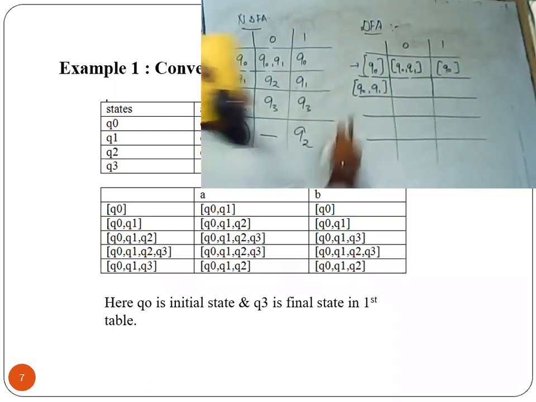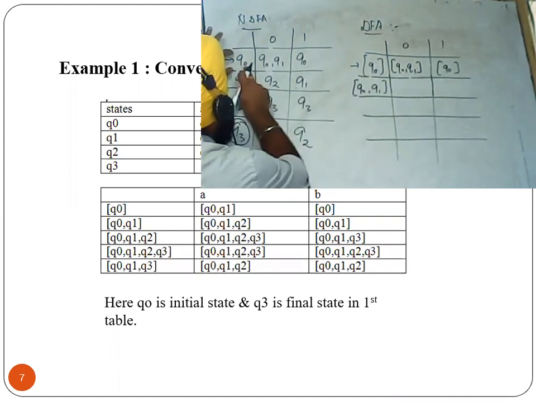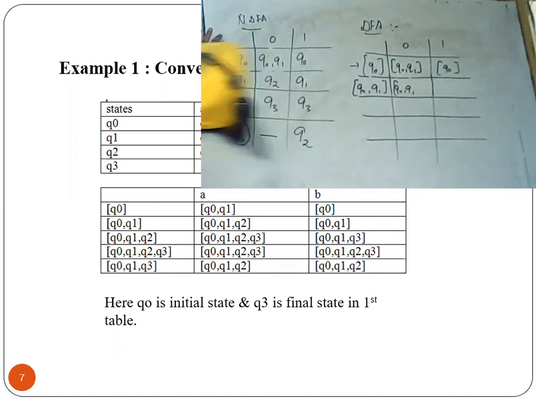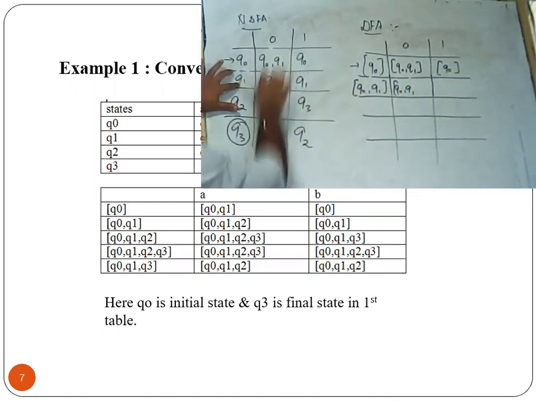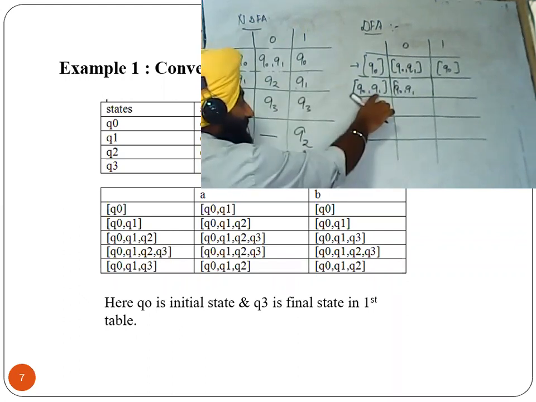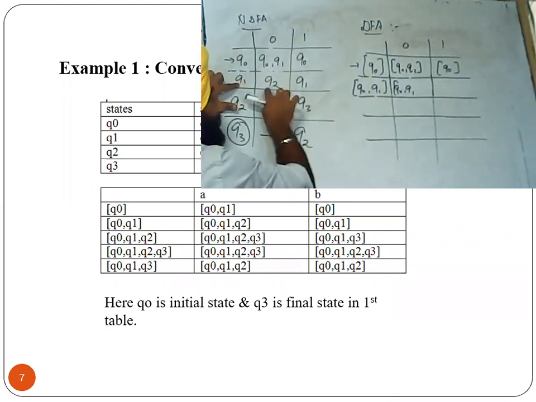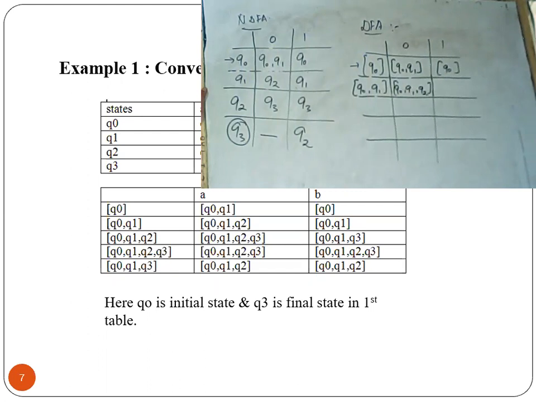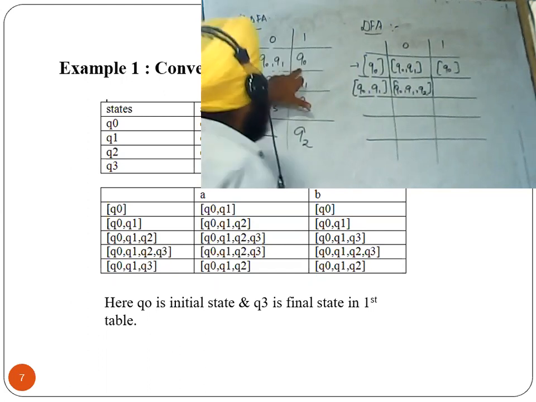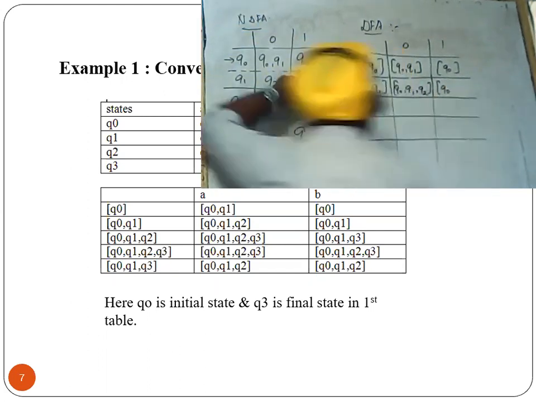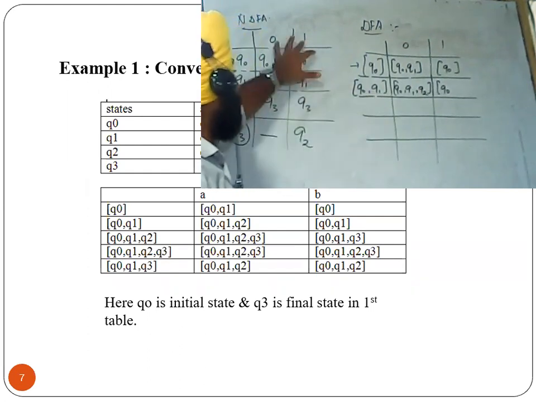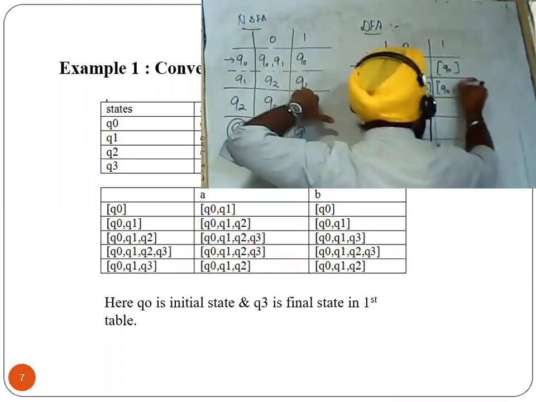Again, you need to check. Q0 upon the processing of 0 goes to Q0 comma Q1. And Q1 upon the processing of 0, again you need to check Q1 also. Q1 upon the processing of 0 goes to Q2. So this is complete. Next, Q0 upon the processing of 1 goes to Q0, and Q1 upon the processing of 1 goes to Q1.